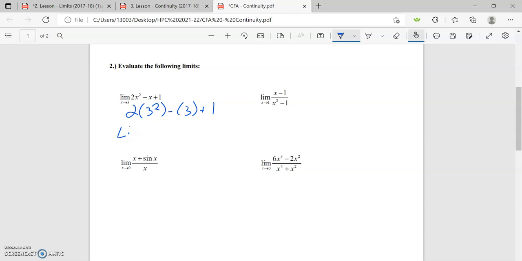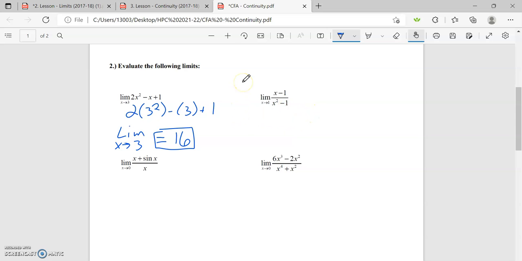So we find that the limit as x approaches 3 is 18 minus 2, 16. We got a number. We could graph that if we want, but we don't have to, because if we plug it in and we get a number, that's our answer. So, example 1, done. Let's move on.